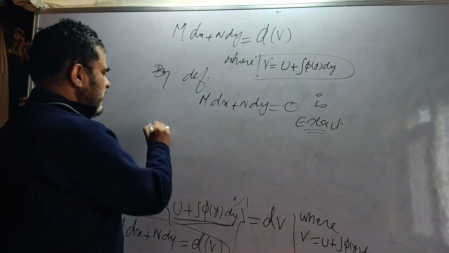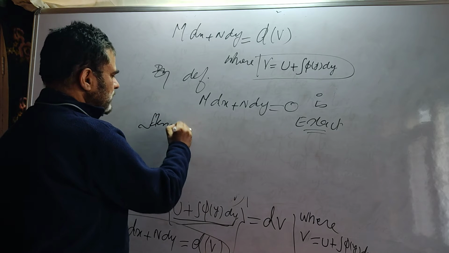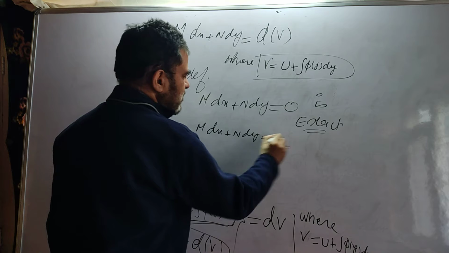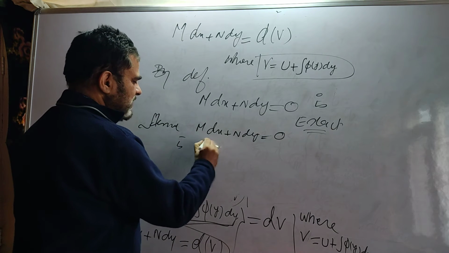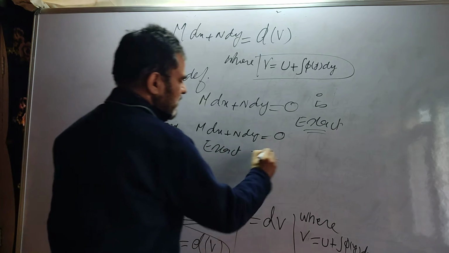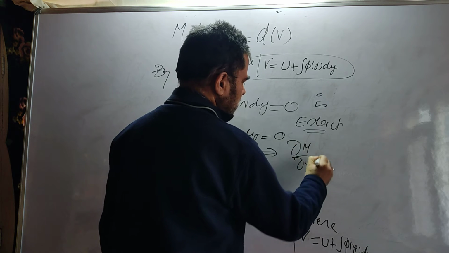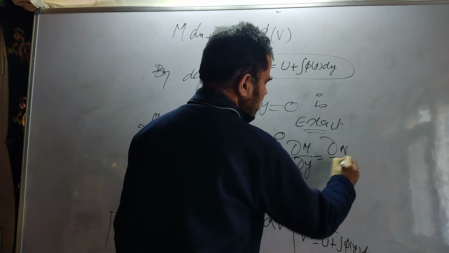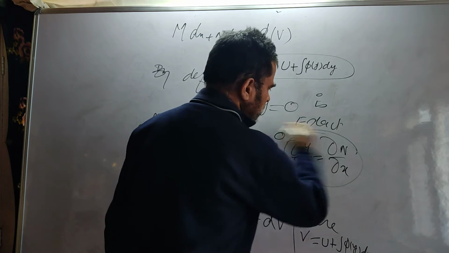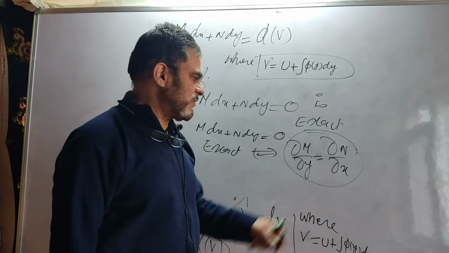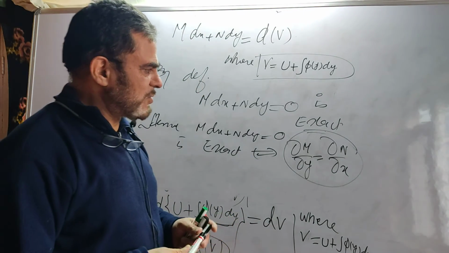Hence M dx plus N dy equals 0 is exact if and only if partial of M with respect to y is partial of N with respect to x.